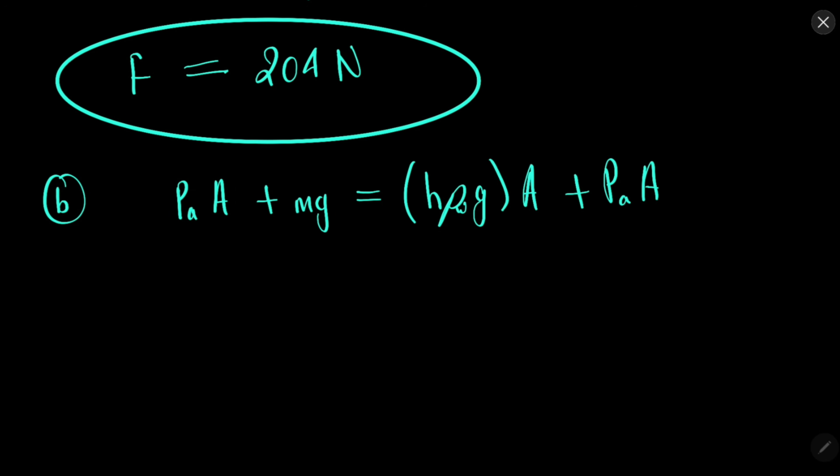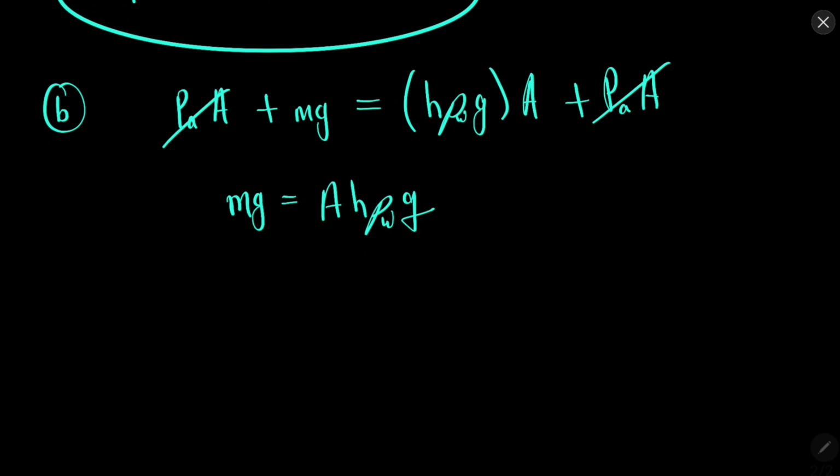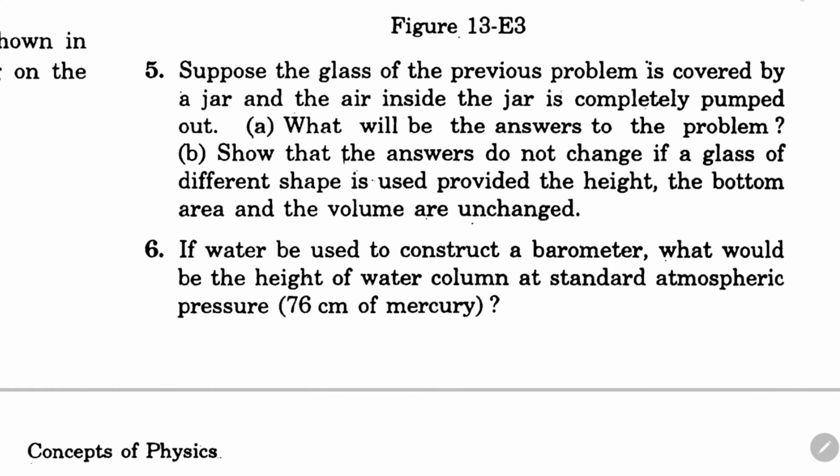Again this part will get cancelled out. We will have mg equal to A h rho g. One more force is there, Sf. So there will be this force provided by the surface. By using this formula you can find the value of the force applied by the glass on the water.